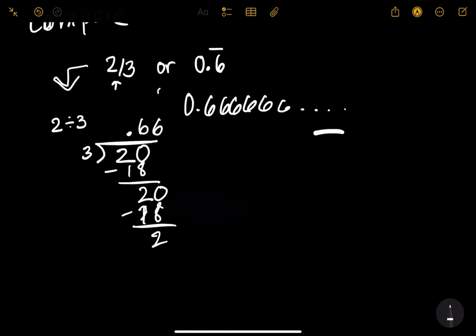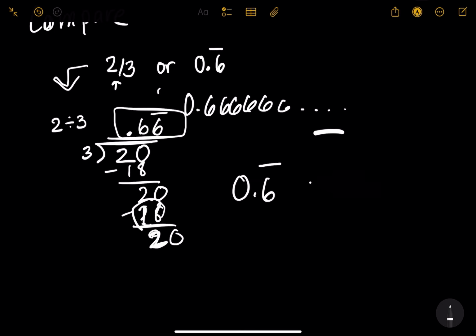The only number I'm getting is a 2. And then I keep on adding a 0, and this is repeating 6 again. So which one is bigger, 0.6 repeating or 0.6 repeating? Well, neither of them are bigger because they're both the same.